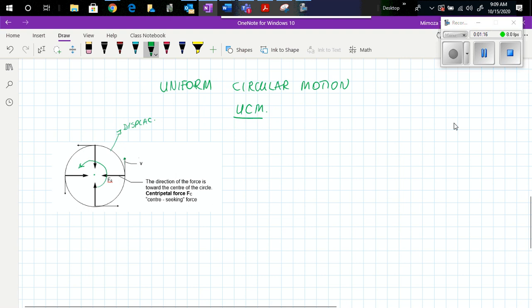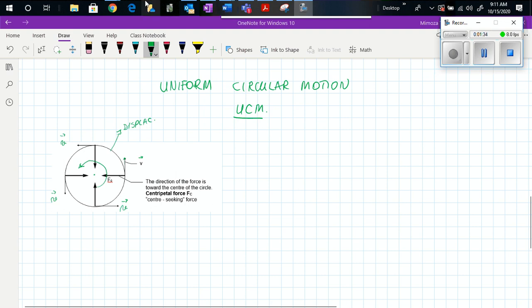The velocity will be something like this. So the velocity vector is tangent to the displacement.